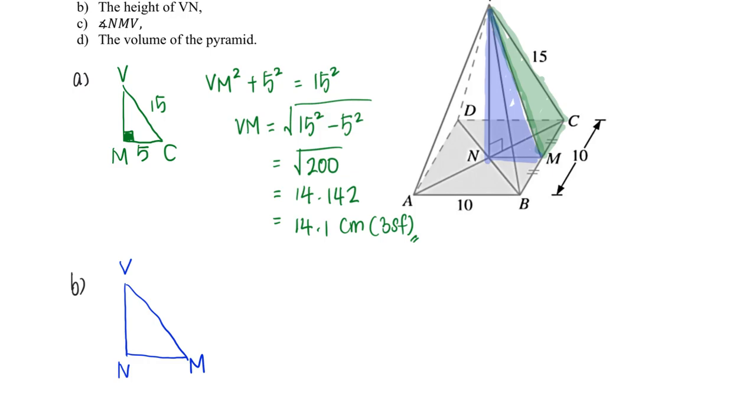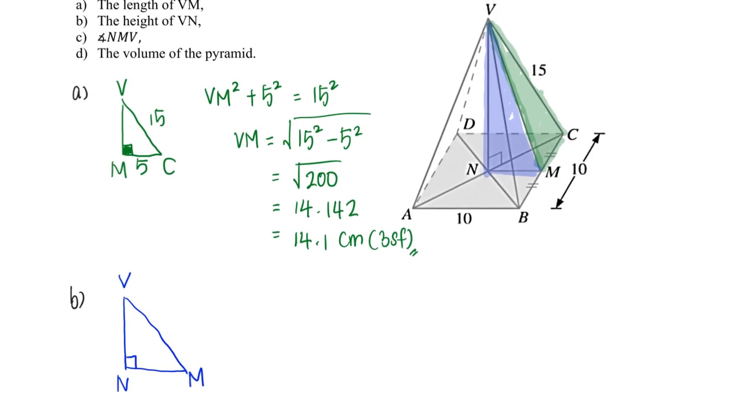VN is the height, so it is, yes, another right angle triangle, and we have successfully found my VM from part A, which is square root 200.